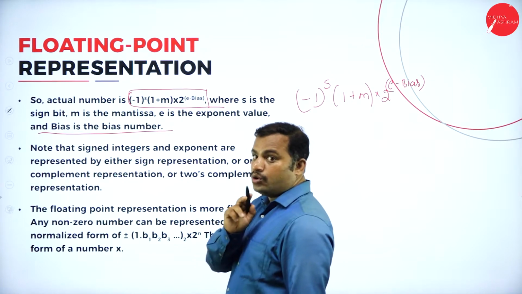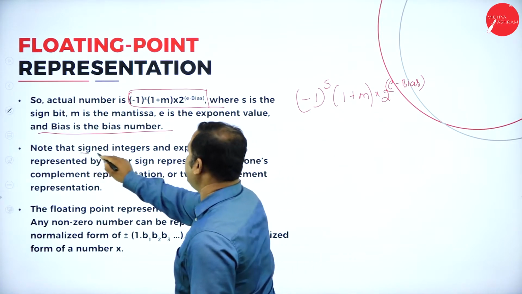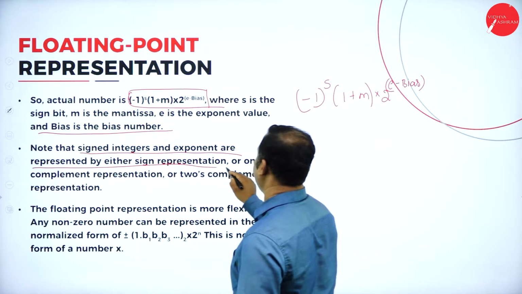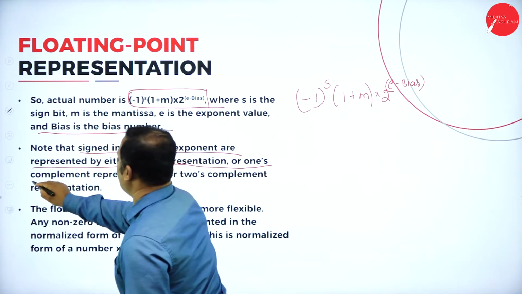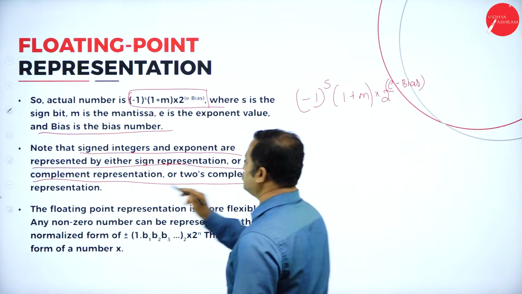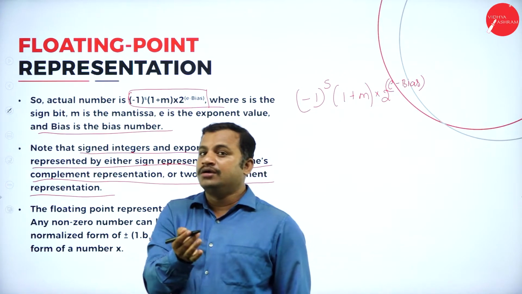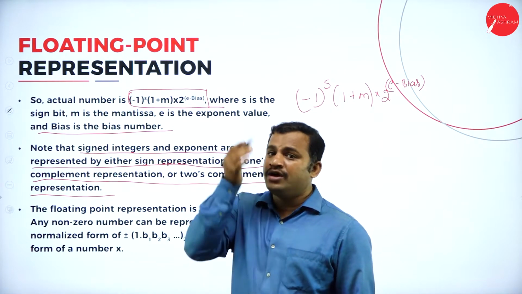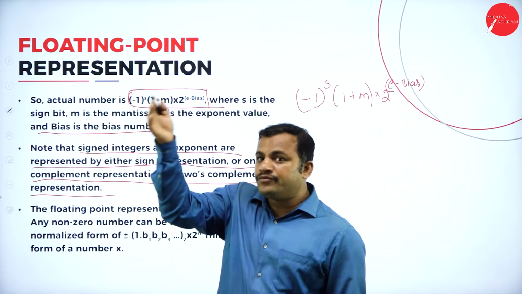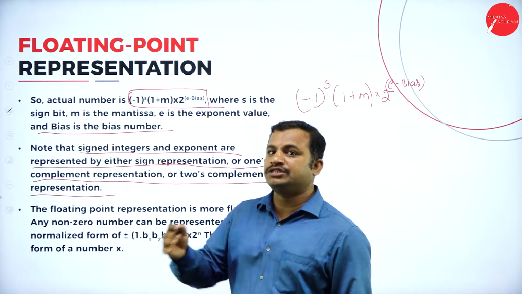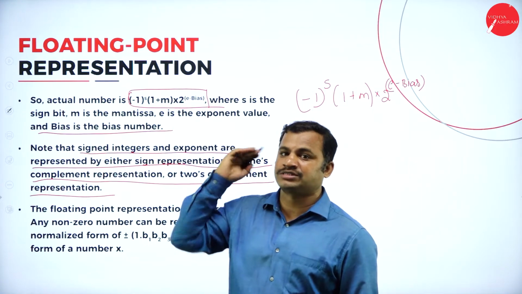We need to notice here that the signed integers and exponent are represented by either sign representation, 1's complement representation or 2's complement representation. As I have already discussed, we can represent it in signed form, in 1's complement representation or in 2's complement representation, which I explained in the previous session.